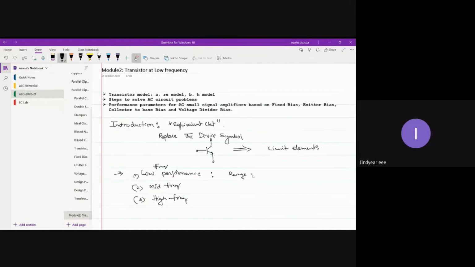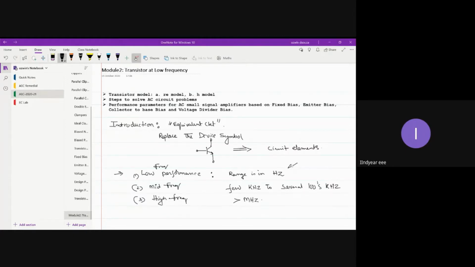Low frequency normally ranges in hertz. Mid frequency, we say, is from a few kilohertz to several hundreds of kilohertz, and high frequency is anything greater than megahertz. So this is the widely accepted frequency classification.